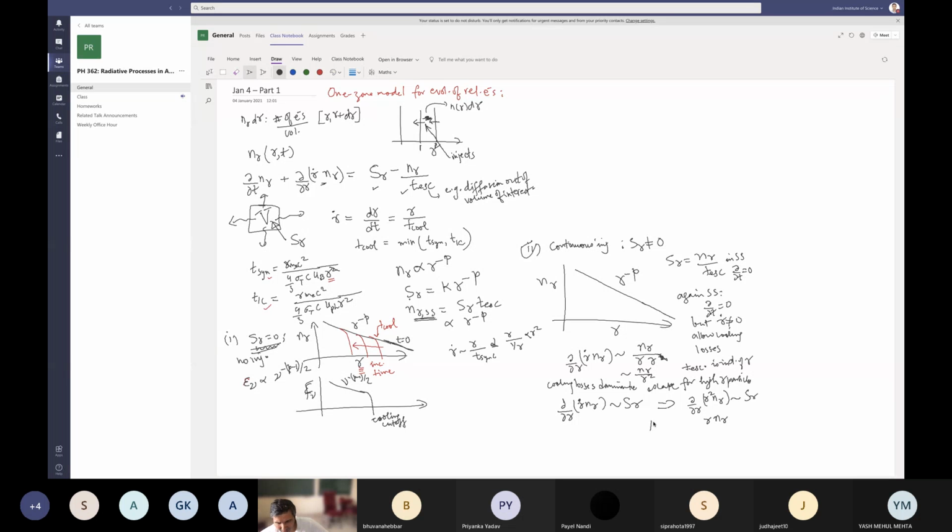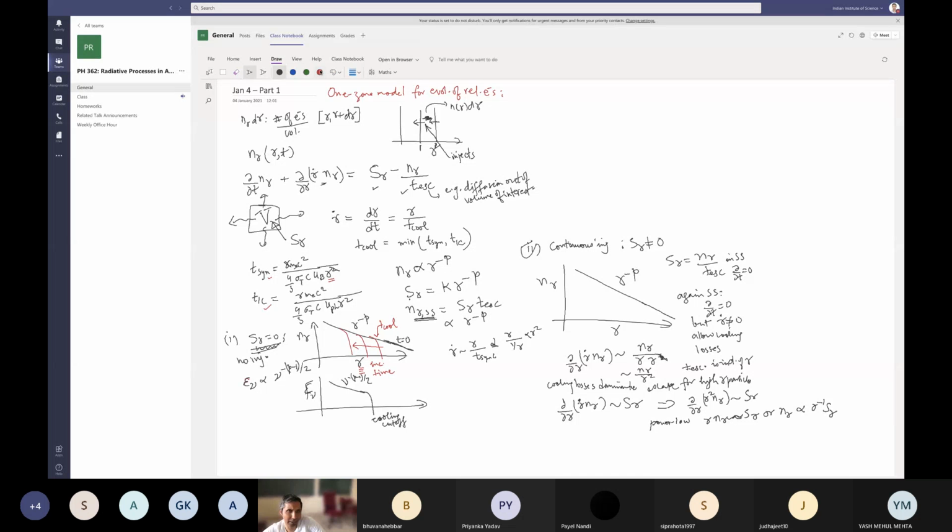So assuming power laws, that is what we have assumed anyway, the gamma gamma cancels. This is S gamma. Or n gamma is proportional to gamma to the minus 1 S gamma.